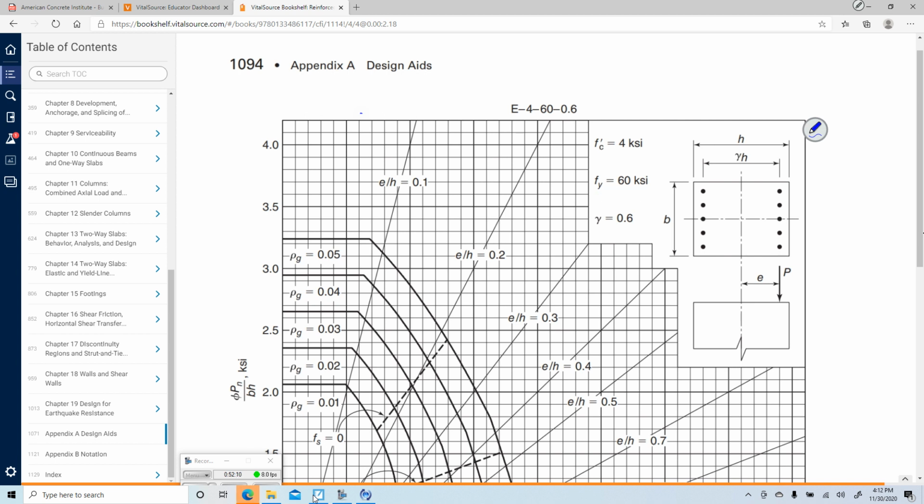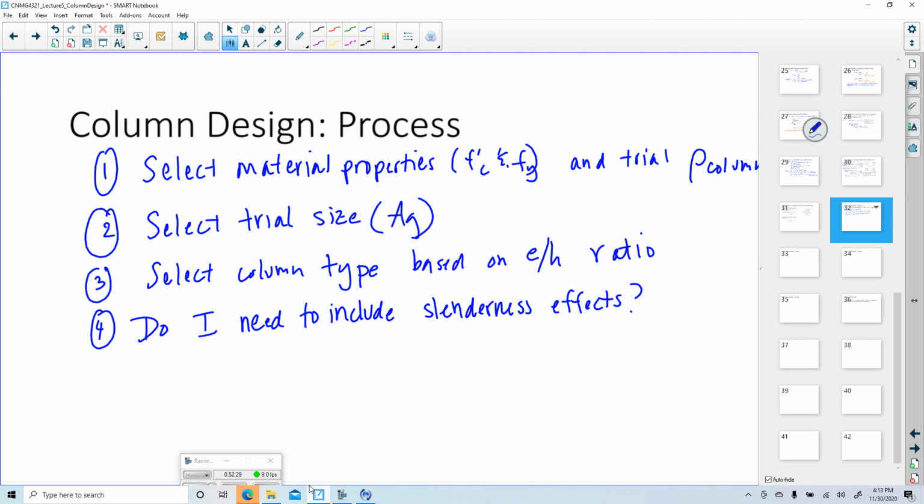Assuming your F prime C and your Fy, that's our 4 ksi, our 60 ksi, and our 0.6, right, our F prime C, Fy, and that gamma. So we want to know our gamma. So that's our next task.